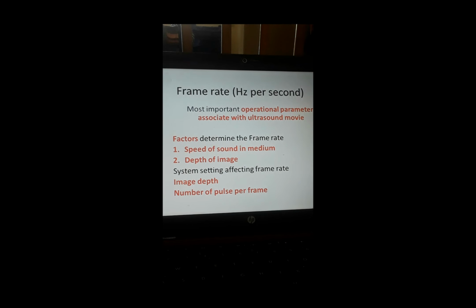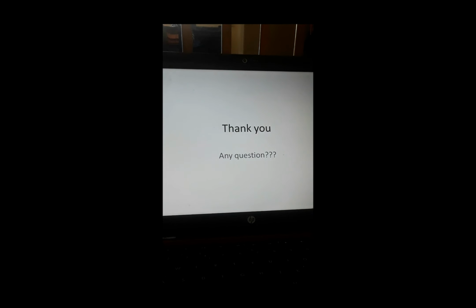The more superficial the organ, the clearer; the deeper, the less clear. The system settings that affect frame rate are image depth and the number of pulses per frame. In ultrasound there's a 2 to 3 cycle pulse wave. If there are more pulses, there will be less temporal resolution.